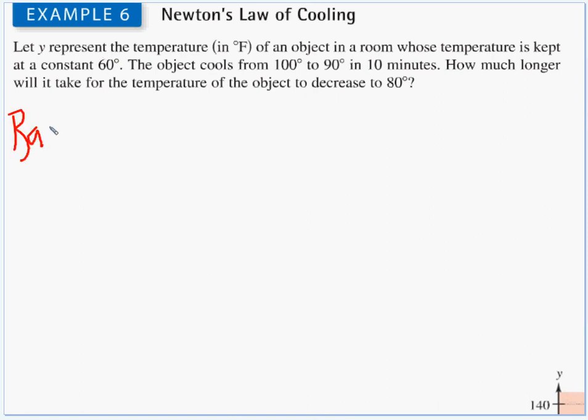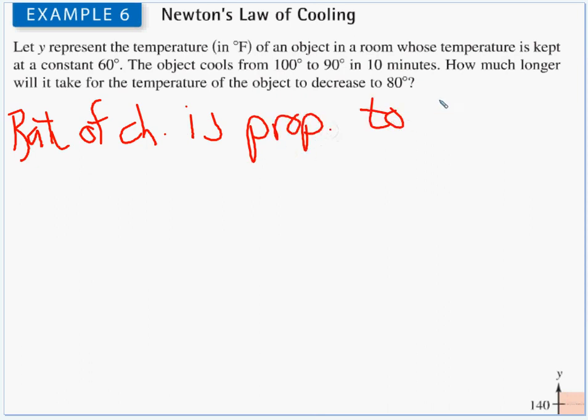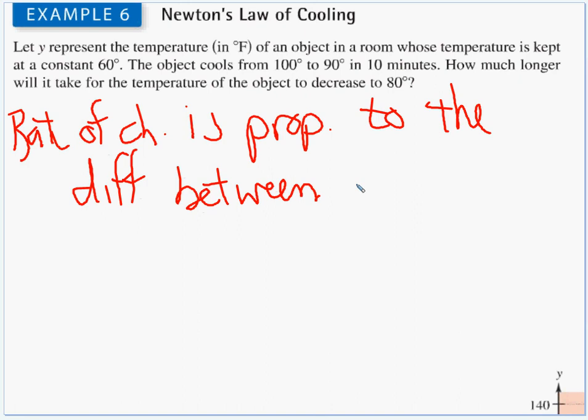So rate of change is proportional to the difference between y and 60 degrees. Y is the temperature, the thing that we're taking out. 60 degrees is our room temperature.